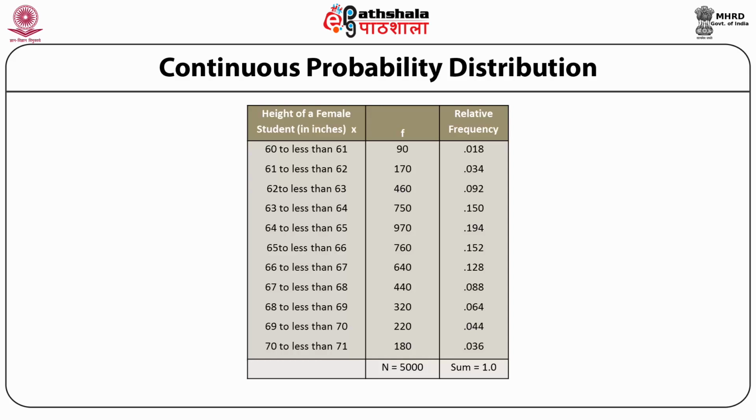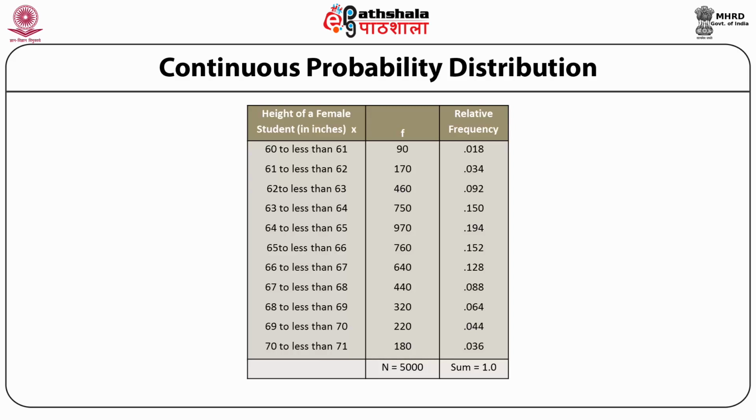And if we look at the highest frequency, we note that the highest frequency is 970 and its relative frequency is 0.194. Corresponding to the highest frequency, we see the class interval 64 to less than 65, between 64 and 65.